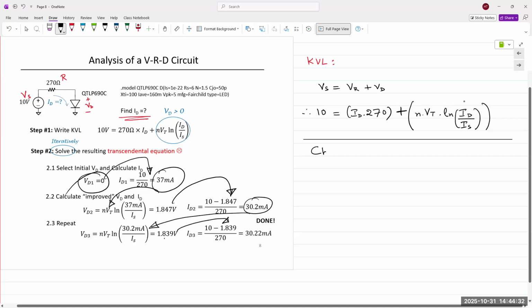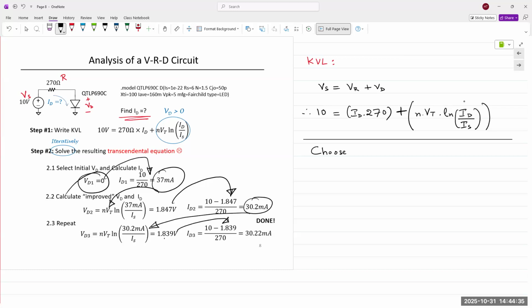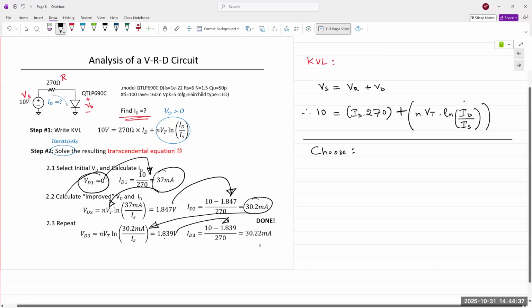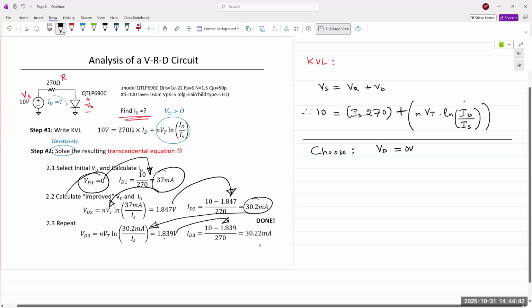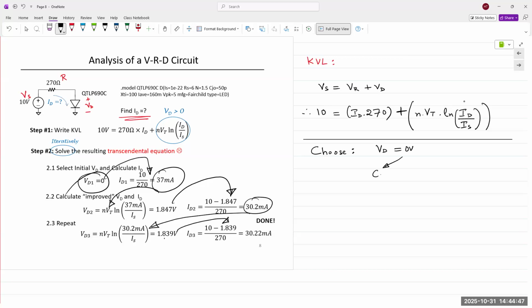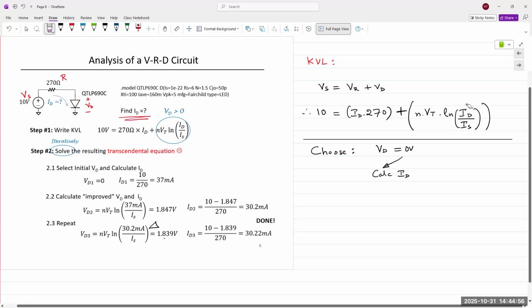So what we did first was we chose VD as equal to 0 volts. From VD equal to 0 volts, we calculated ID. Okay, let me wipe all of this out, make it easier for you to understand. And that ID was 37 milliamps. So from that ID, we calculated VD.